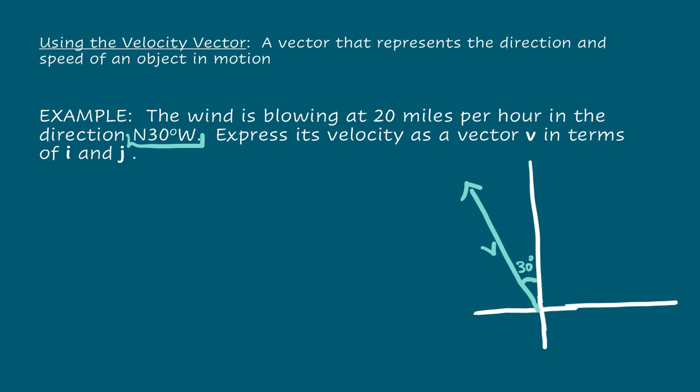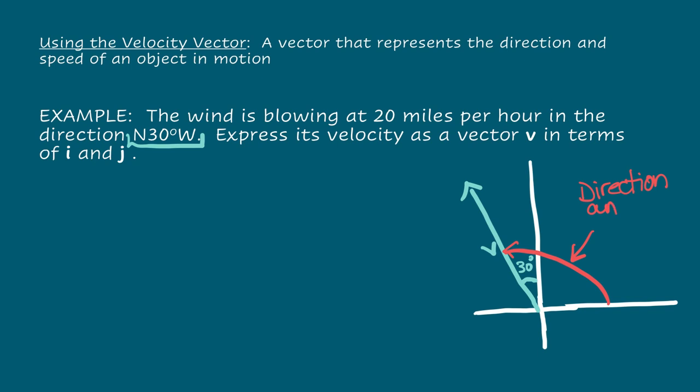Now, 20 miles per hour is our magnitude. So what we want to do now is figure out our direction angle from the positive x-axis. From the positive x-axis, we want to know how far we went right here. This is going to be our direction angle. We need that in order to apply our formula.